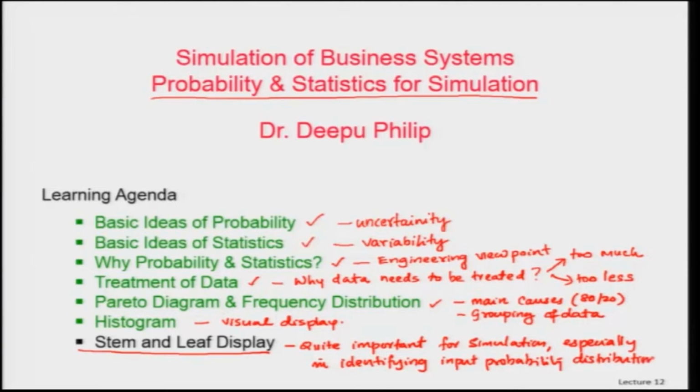Remember, if you did ARENA, we actually used constant, uniform and those kinds of things. So how did we come across identifying those probability distributions for the simulation models? The stem and leaf display is a good way to look at the data and analyze from that.